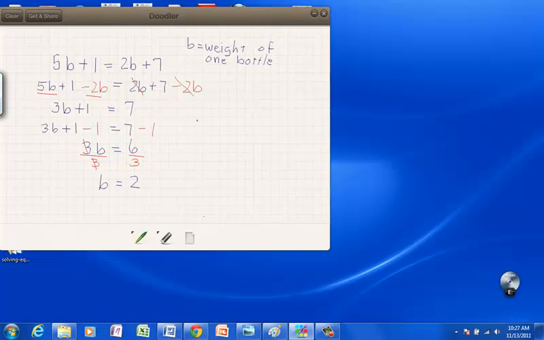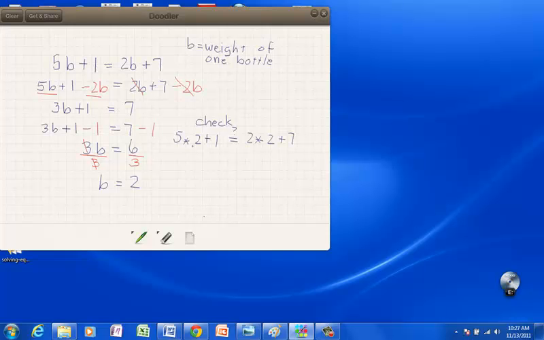Now let's check our answer, which we didn't do on the first slide. We're going to use B equals 2 in the original equation. And I hope that's equal to, but at this point I don't know yet, so I'm going to put a little question mark up there.